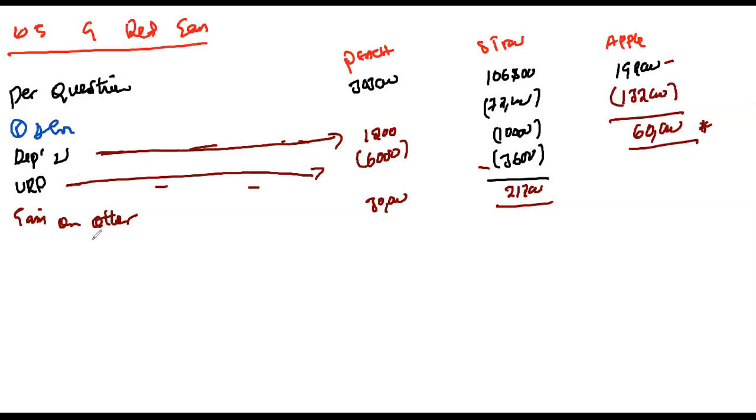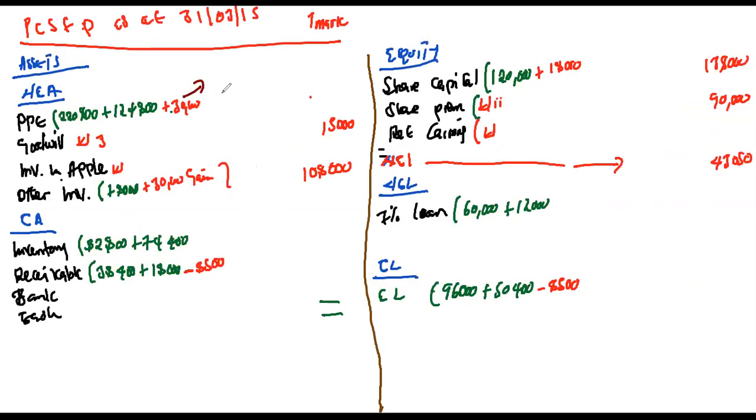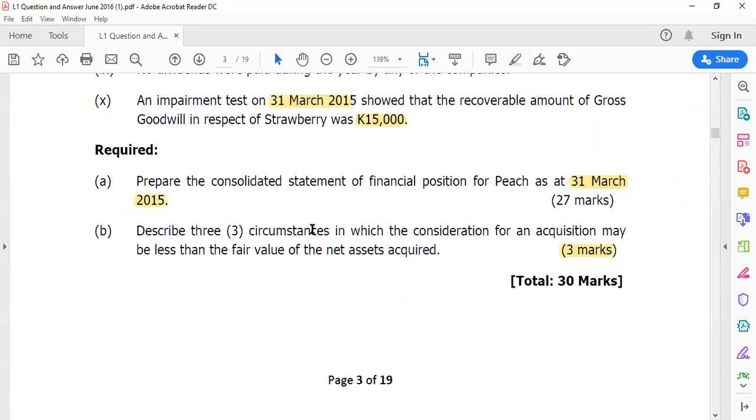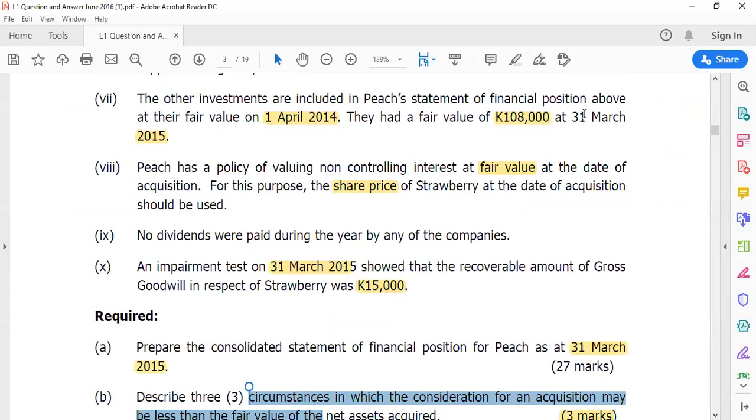Then gain on other investment. So there was a gain in the notes. Remember that gain we posted here, 30,000. We are told about this gain in the notes. Which, in the statement of financial position, is above the fair value at 1st April 2014.